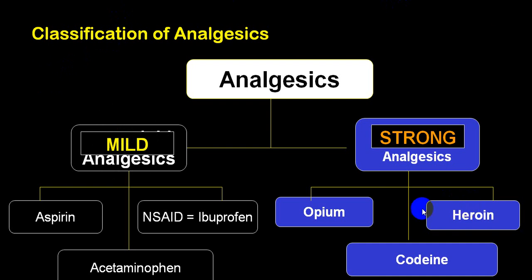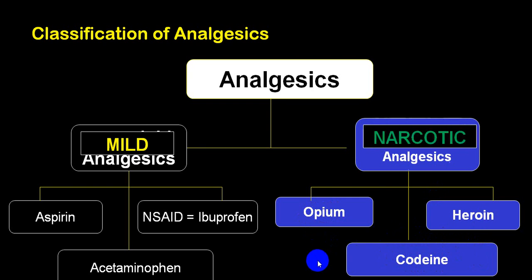And among opioids, we can divide into opium, semi-synthetic preparations, and synthetic preparations. We commonly utilize three groups: opium alkaloids, codeine preparations, and semi-synthetic preparations.